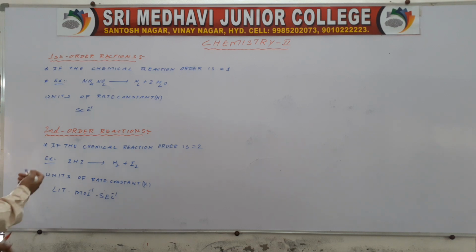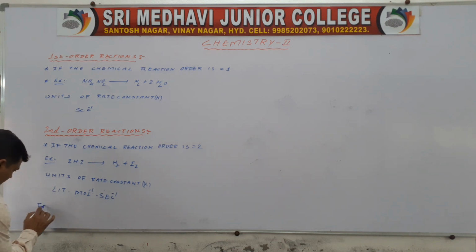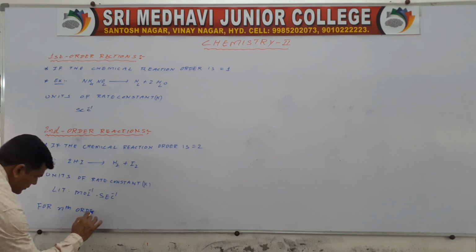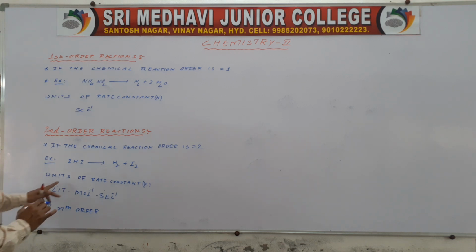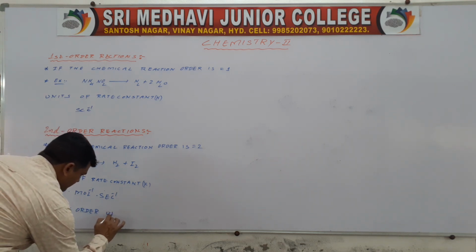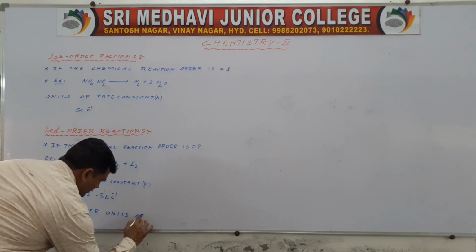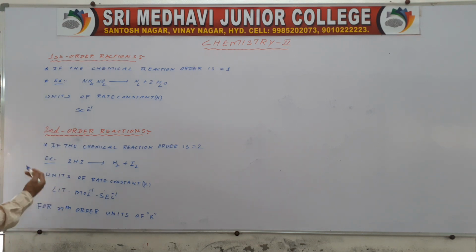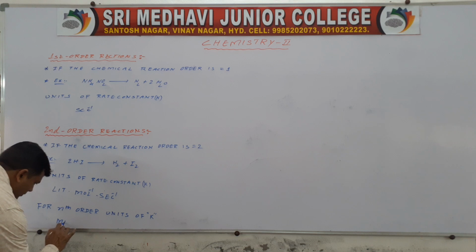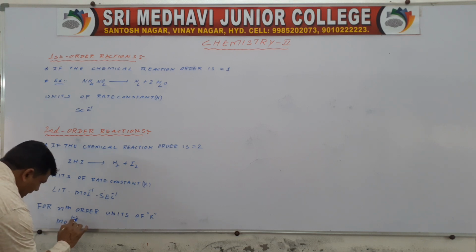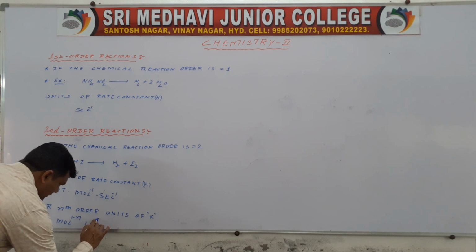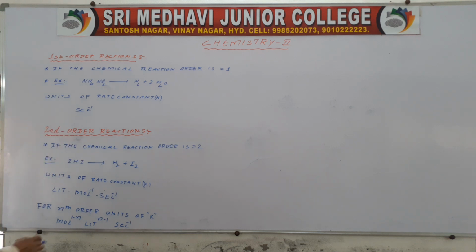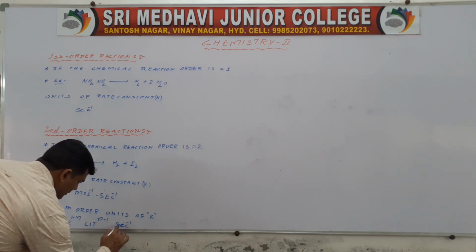For nth order, the units of rate constant K are mole to the power 1 minus n, liter to the power n minus 1, and second inverse.